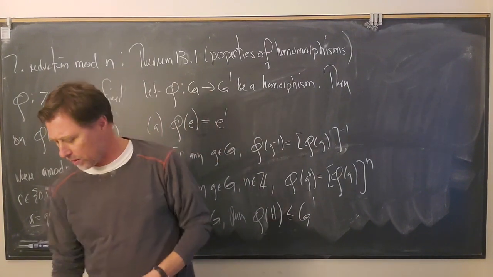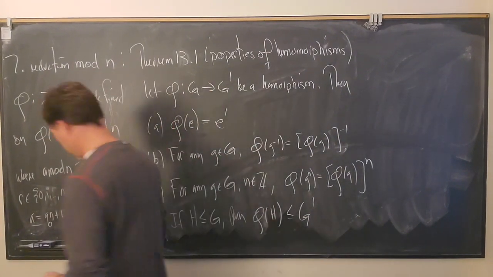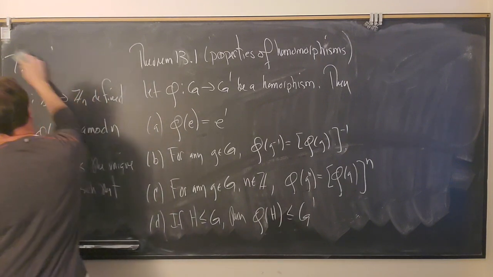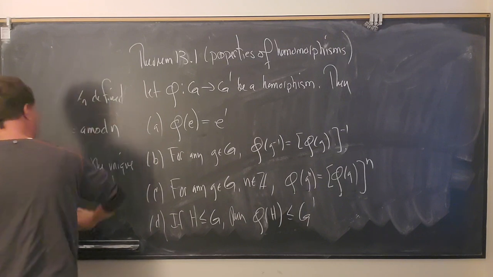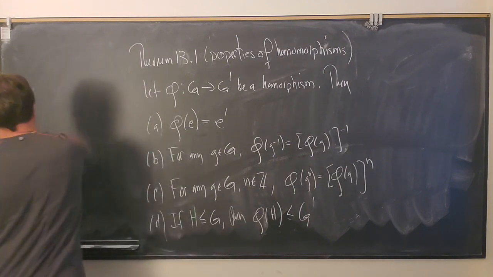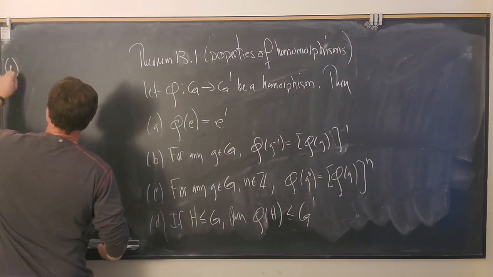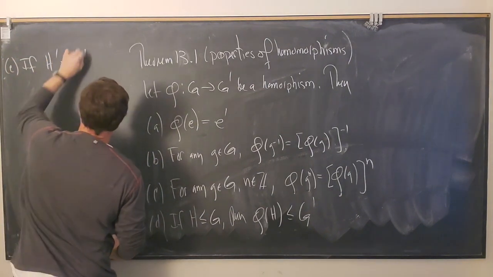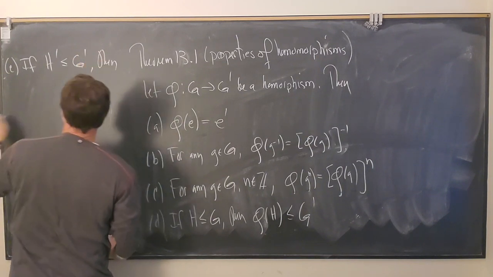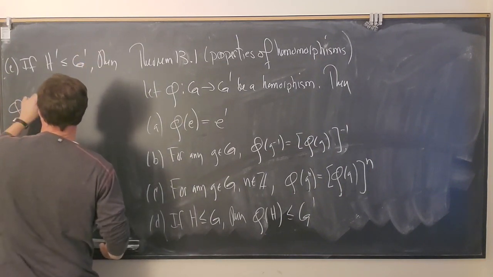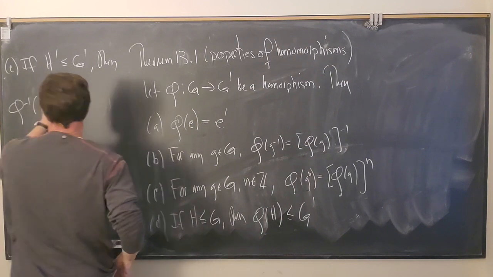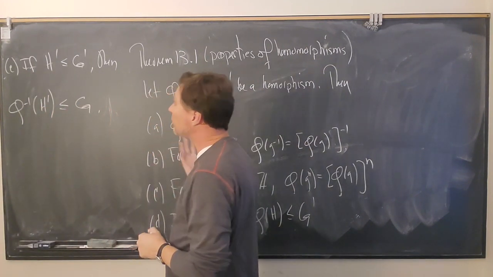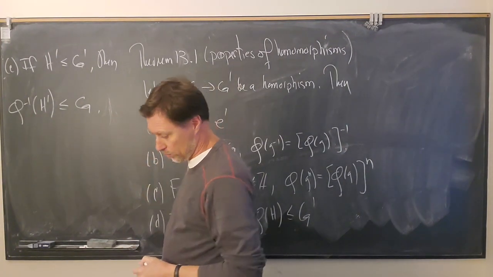And then the last one, which is the first one that we haven't seen, part E: if H prime is a subgroup of G prime, then the inverse image of H prime is a subgroup of G. So the inverse image of a subgroup is a subgroup.